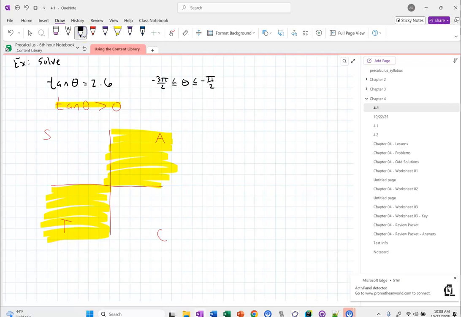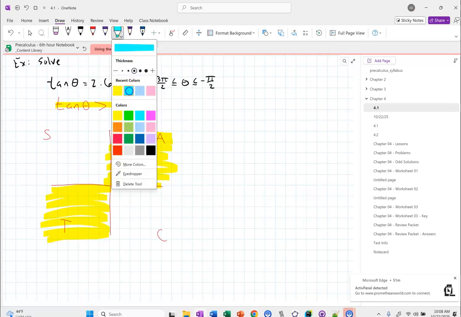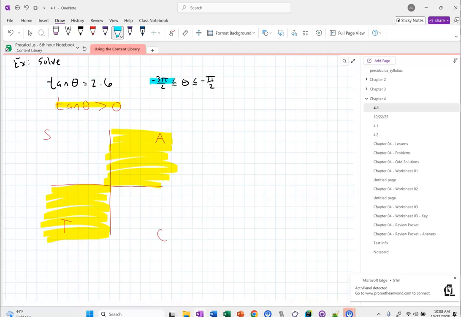Okay. Now let's figure out what quadrants are covered by that interval from -3 pi over 2 to -1 pi over 2. Yes, Hannah? Do you always start with 0? I'm always going to start with 0. Now, the angles here on my interval are positive or negative? Negative.